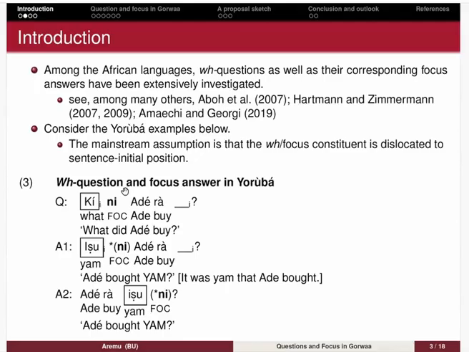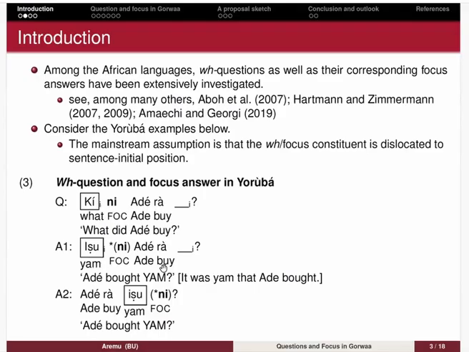If you look at 3Q, you have a focus particle, or focus marker as people have called it, following the fronted WH phrase. And in 3A1, the first answer, you can answer by saying it with the ne focus particle, which always follows the fronted focus.